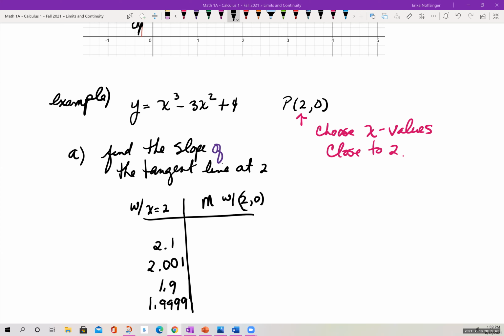I'm going to plug in the equation. f of x is equal to x cubed minus 3x squared plus 4.